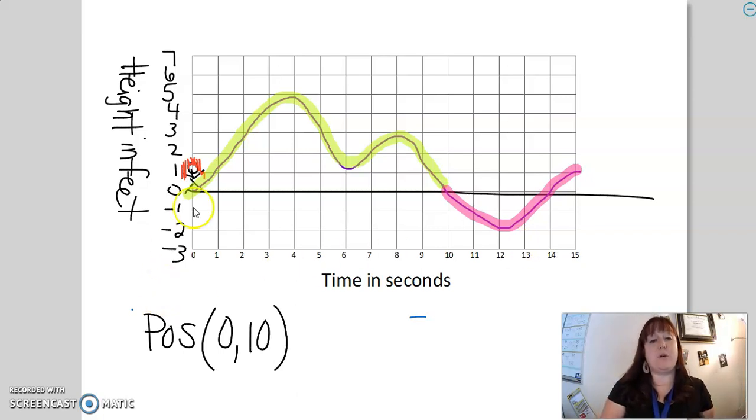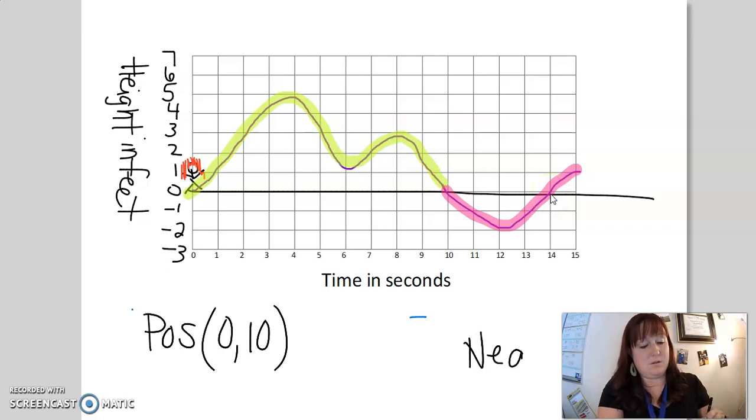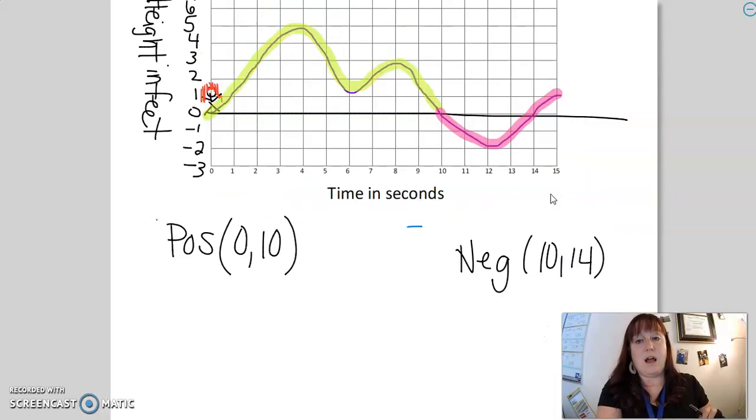So the interval that I was above ground tells me what time I started having positive and what time I ended being positive, right? And then when was I negative? Well, I was negative right here from 10, and I highlighted too far, didn't I? From 10 to 14. From 10 to 14, remember that's what interval notation means. I was negative. And then let's fix that highlighting right there.